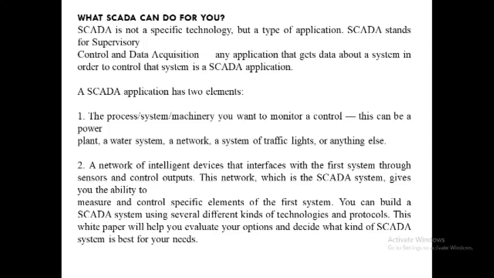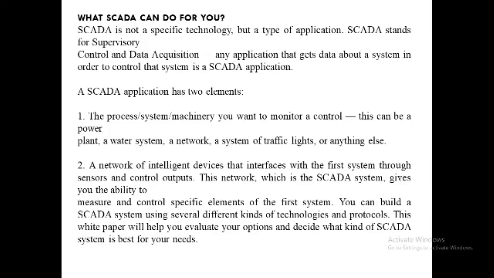A SCADA application has two elements. Number one, the process, system, or machinery you want to monitor and control. This is a power plant, a water system, a network, a system of traffic lights, or anything else.